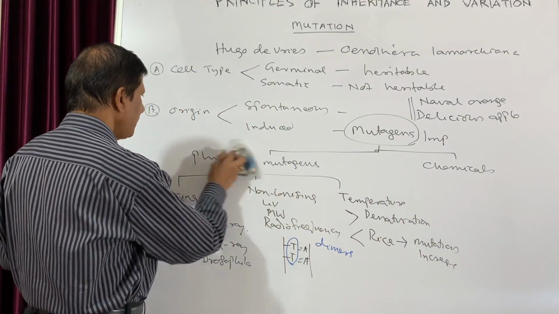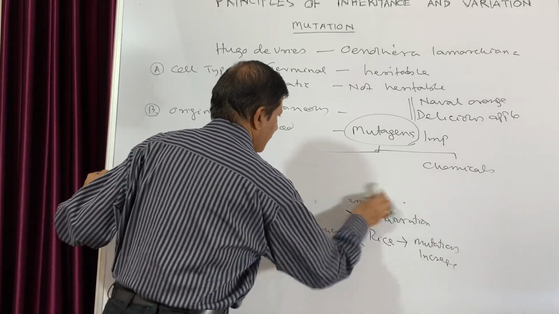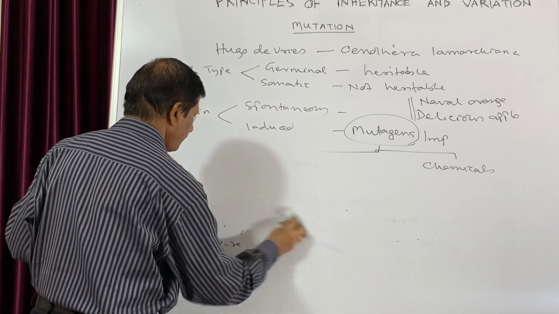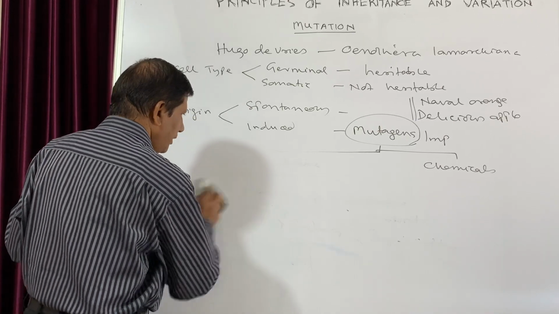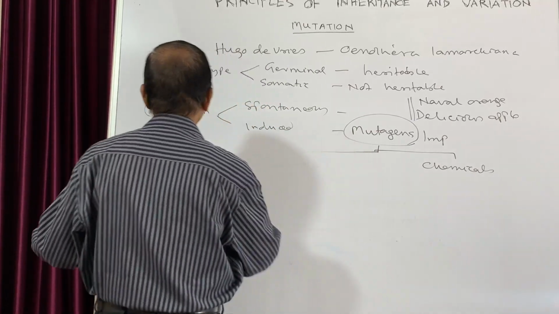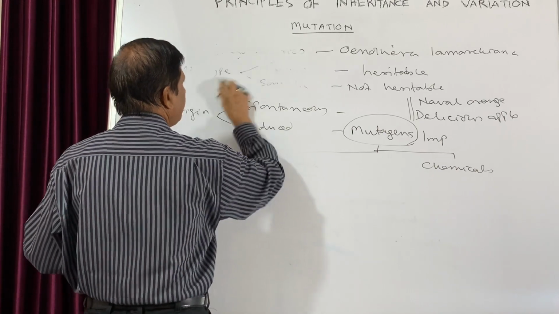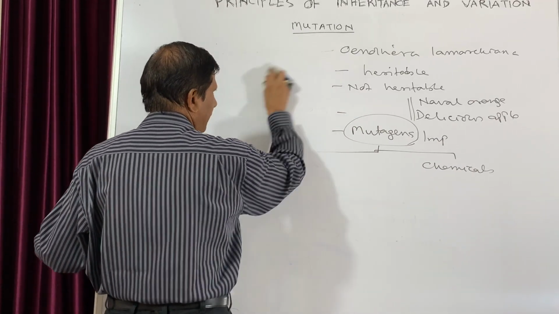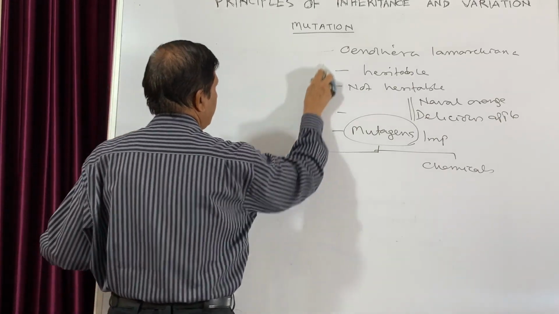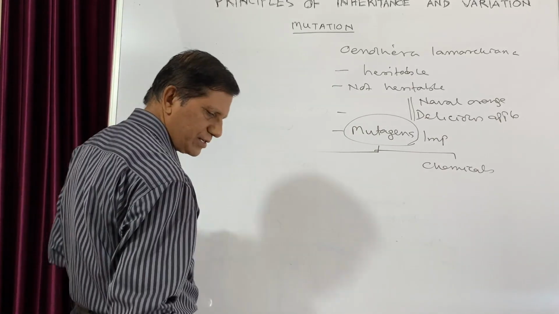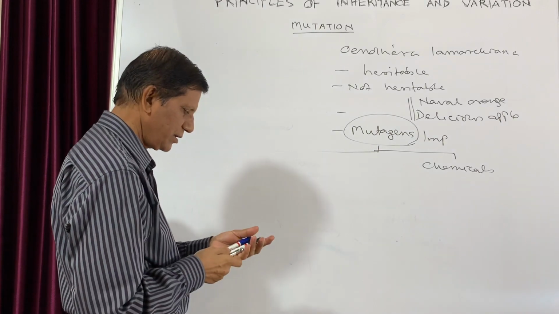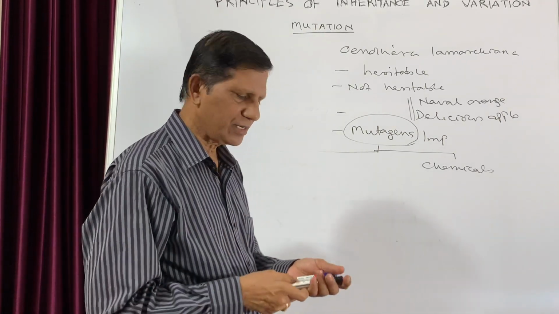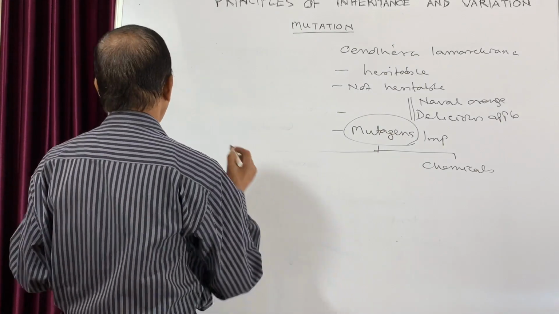Then let us discuss the chemical mutagens. So the chemical mutagens are also of different types. They may be nitrous acid, alkylating agents, base analogues, acridins, mustard gas, or even colchicine.